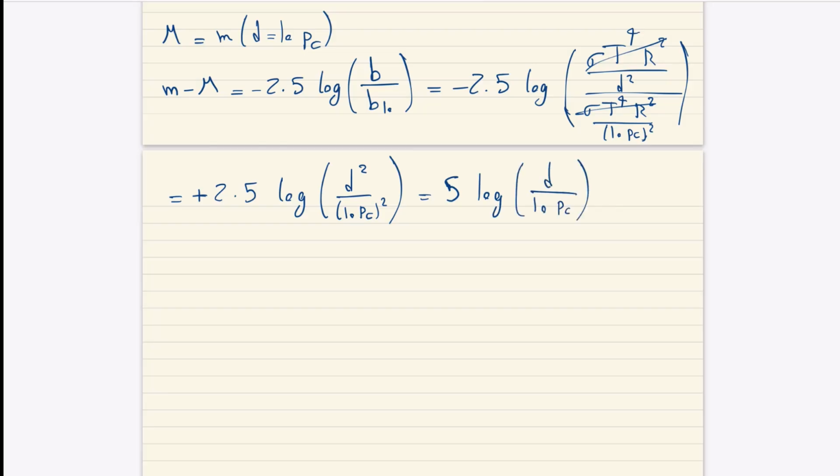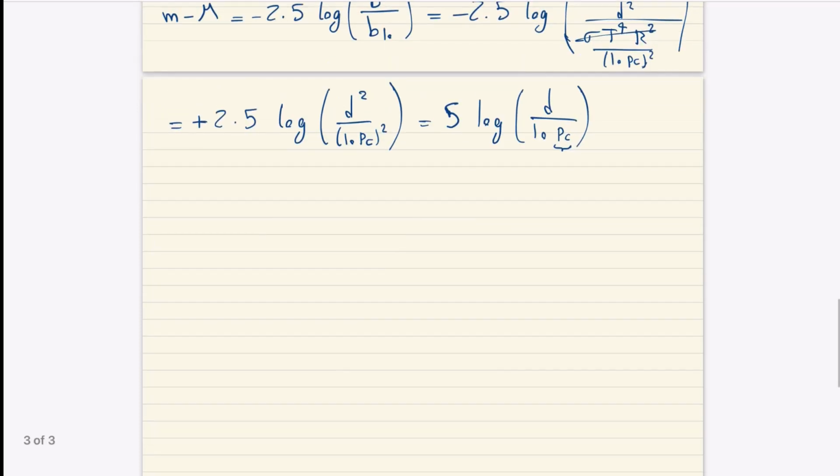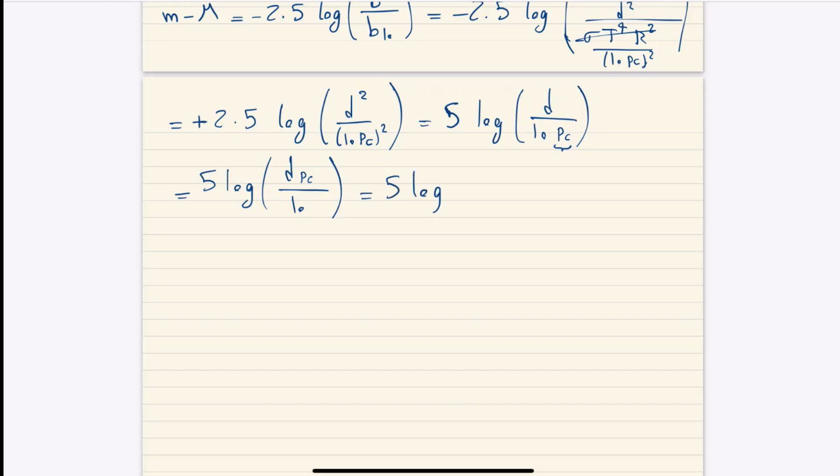If we write d in parsec units, we can get rid of the parsec acronym, and write it this way: 5 logarithm of d in parsec over 10, which by splitting the logarithm is equal to 5 logarithm of d in parsec minus 5. Yeah. This is the distance modulus.